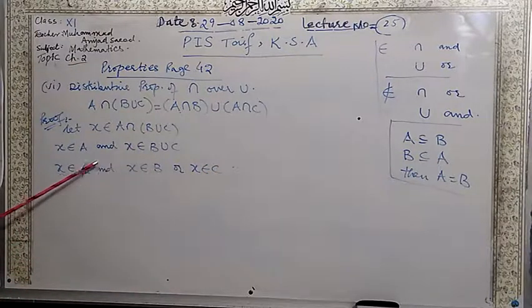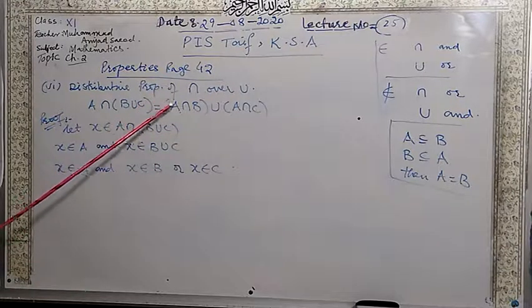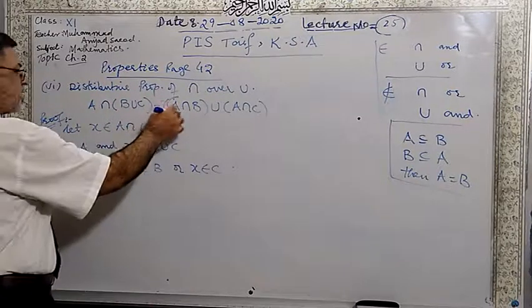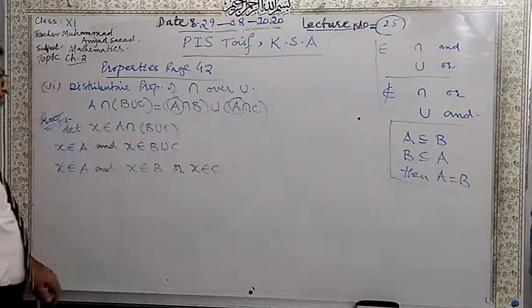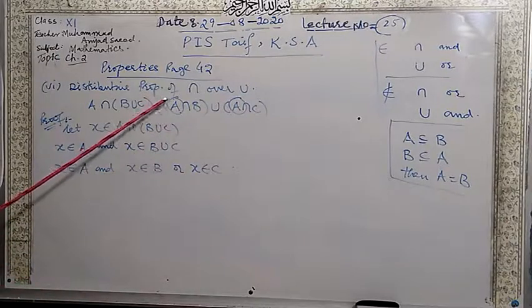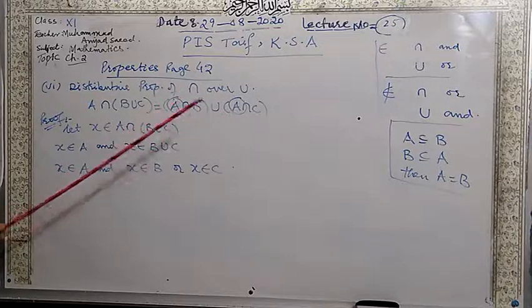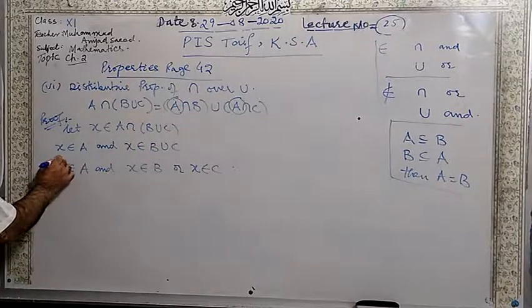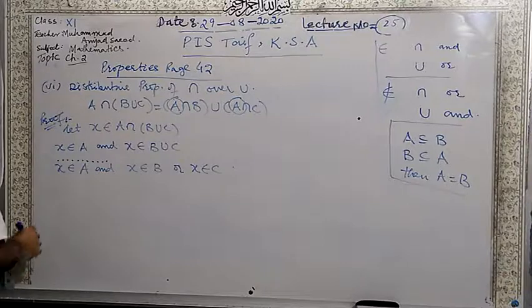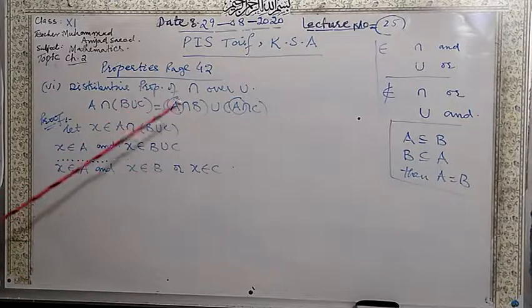When we split up all in this way, check your right hand side. A is coming 2 times. So X belongs to A, and you can distribute this to B and to C also.